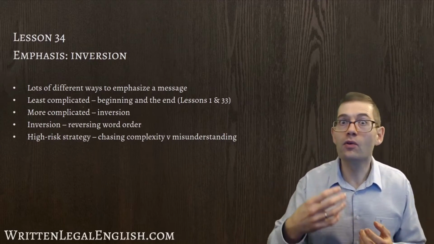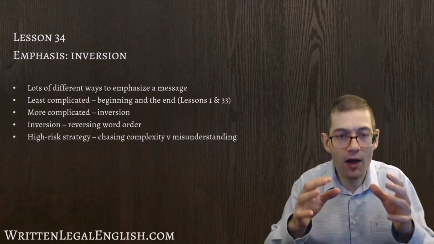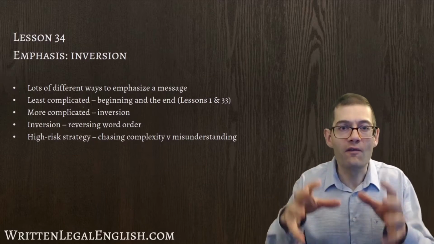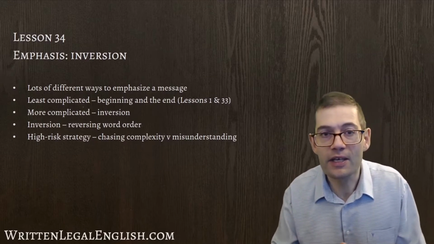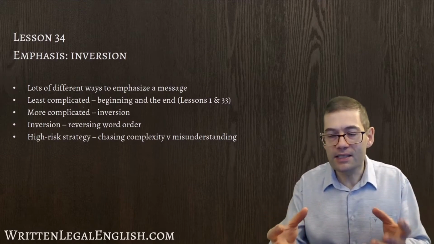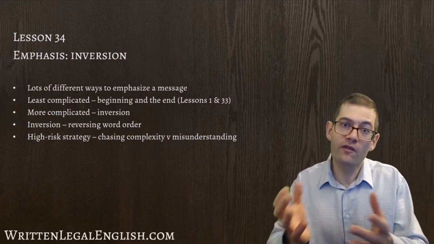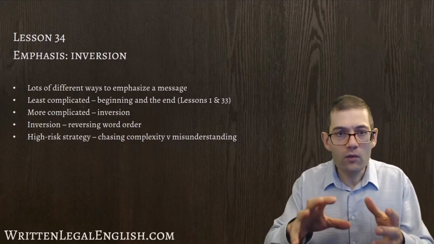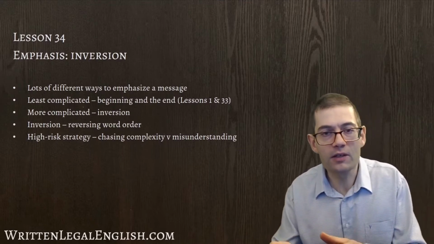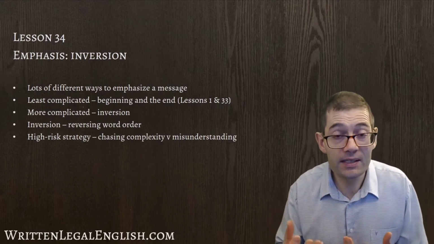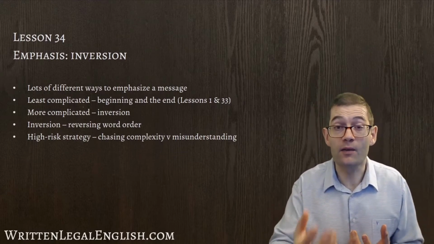Then we have more complicated forms, and I'm going to put inversion very much in this category, because inversion is essentially reversing word order. And if we remember the first couple of lessons, when we think about reversing word order, this should automatically start ringing alarm bells in our heads.